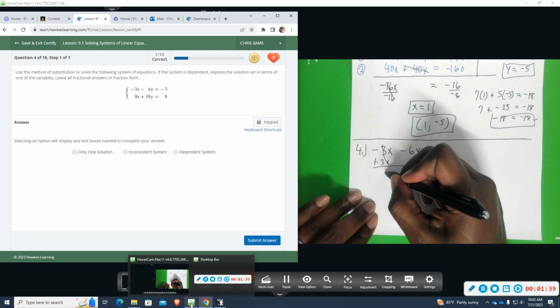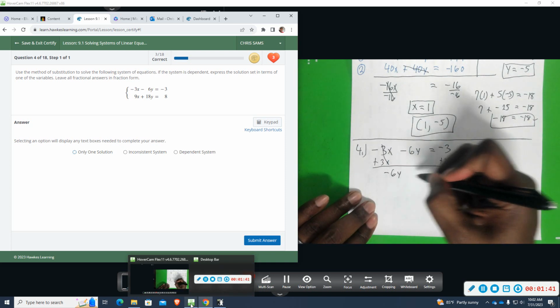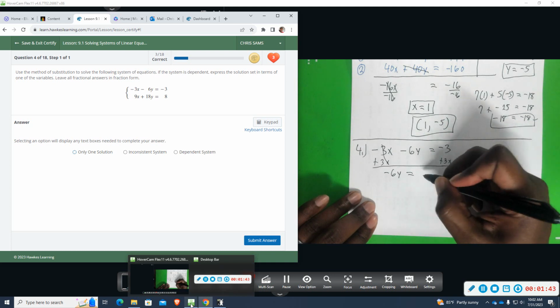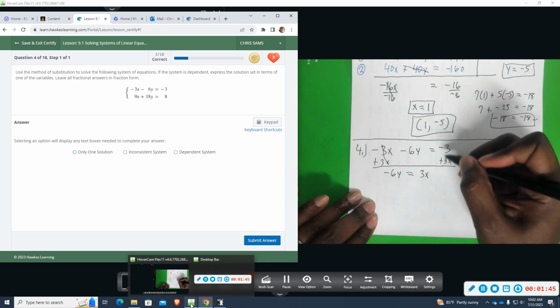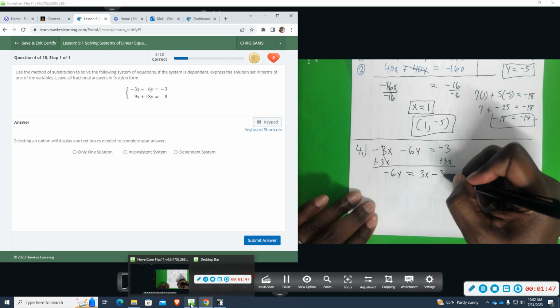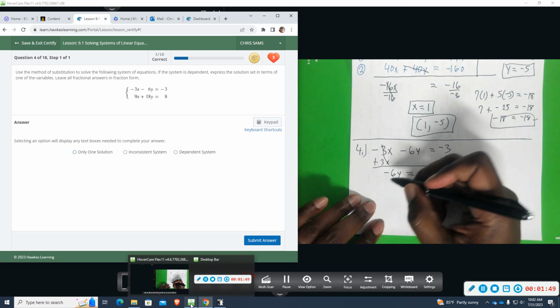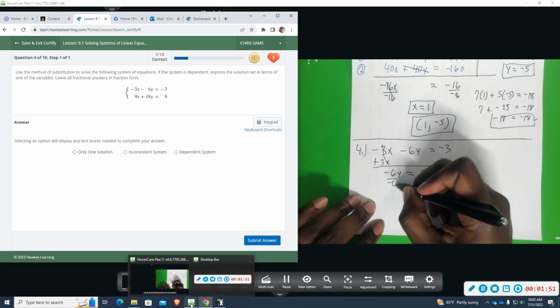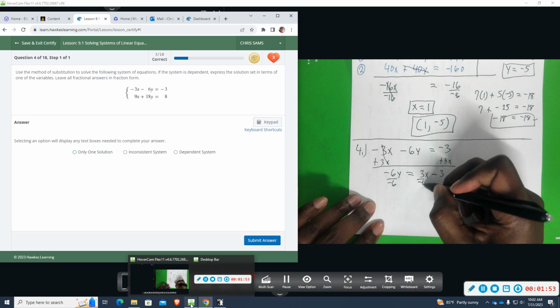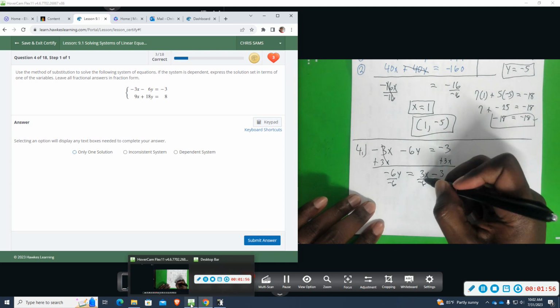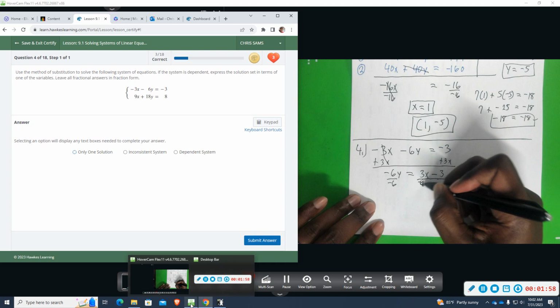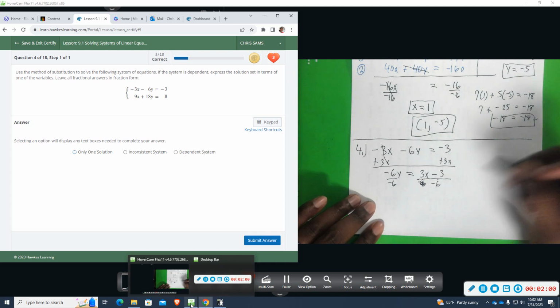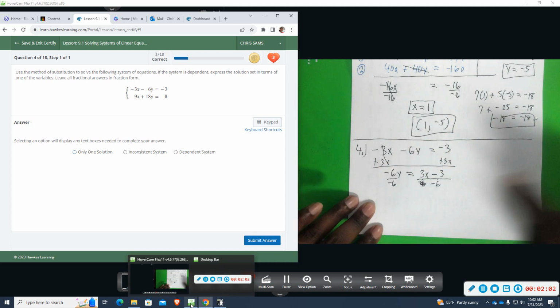Bring down negative 6y equals, and then I have a positive 3x over there now, and I still have a minus 3. And then to get y by itself, I'm going to divide everything by negative 6. Or I could just say divide both sides by negative 6. It's basically dividing each of them, but just to be shorthand, I'm just going to do both sides like that.